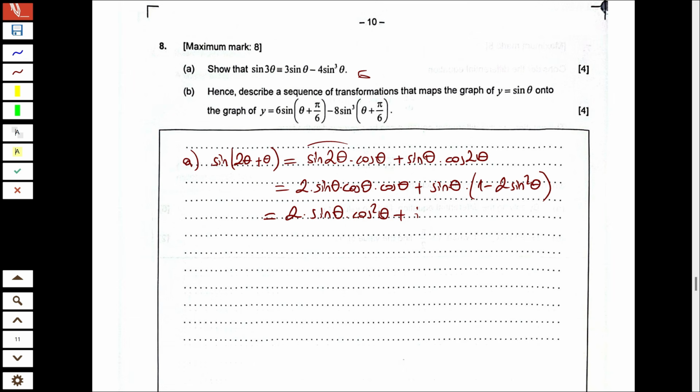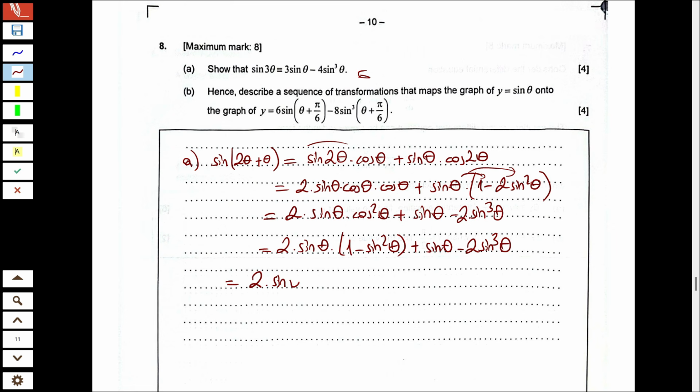And you can also distribute sine theta into this parenthesis: sine theta minus 2 times sine to the power of 3 theta. I will replace cosine square theta with 1 minus sine square theta, because sine square plus cosine square will be 1, plus this one, and again simplify.